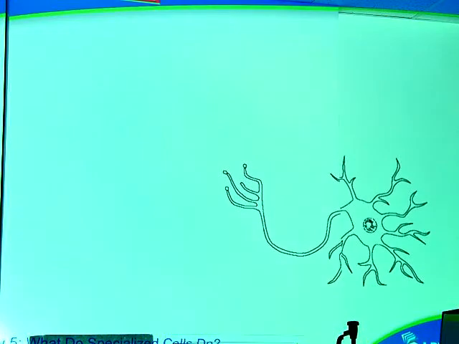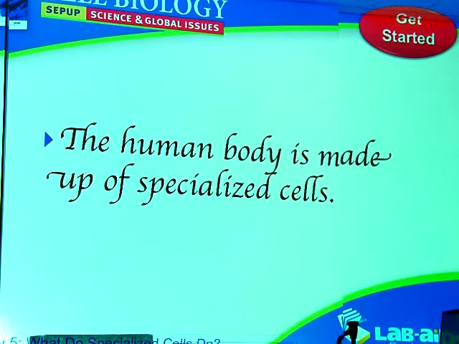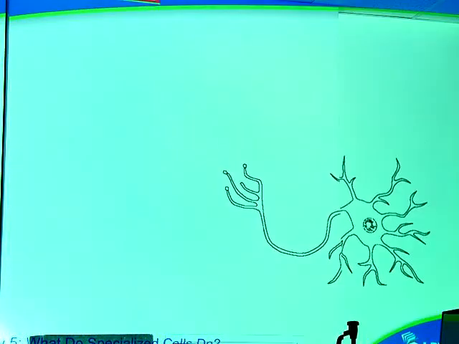Our first cell. Who knows what kind of cell this is? That is not a fungus. Thinking about our previous slide, which says the human body is made up of specialized cells, all of these cells that we're going to encounter are located where? In the human body. So this is a nerve cell, also known as a neuron, N-E-U-R-O-N.